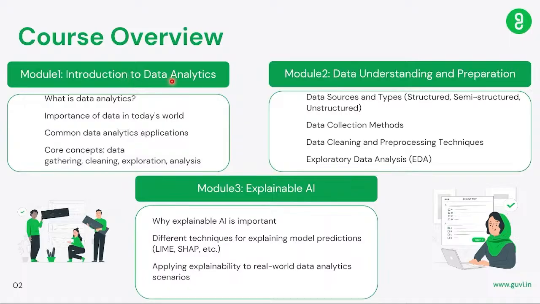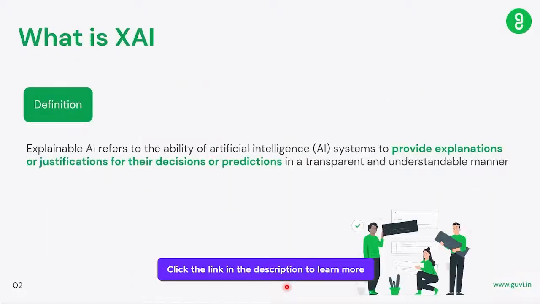We have seen the introduction to data analytics, data understanding and preparation, and a quick example and case study. And now explainable AI. Here we are going to cover why explainable AI is important, what the different techniques are for explaining model predictions such as LIME and SHAP, and also how to apply explainability to real-world analytic scenarios.